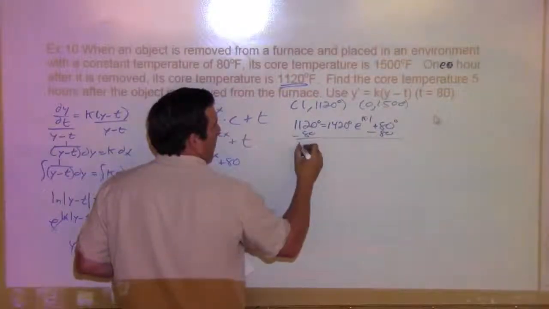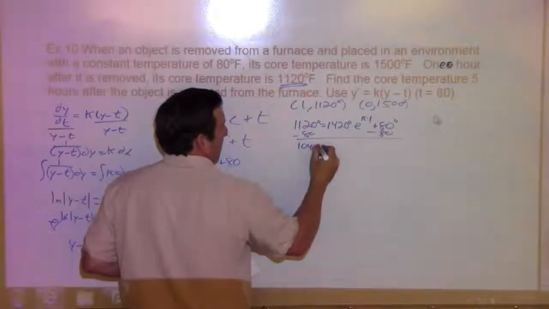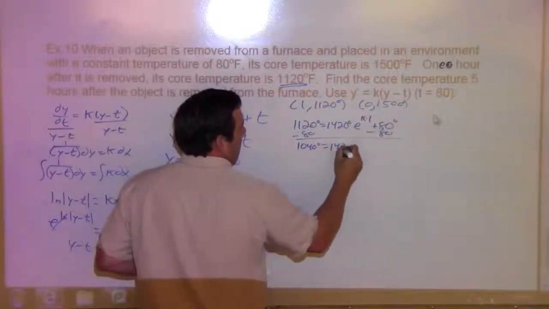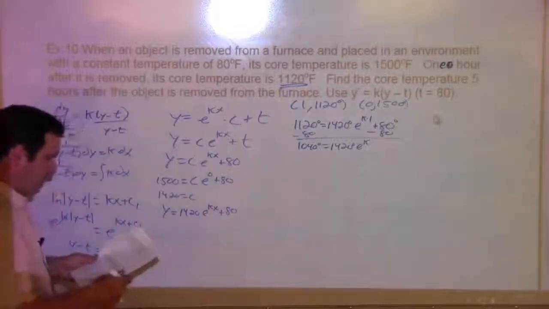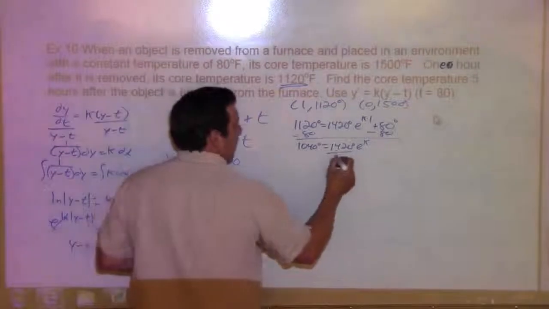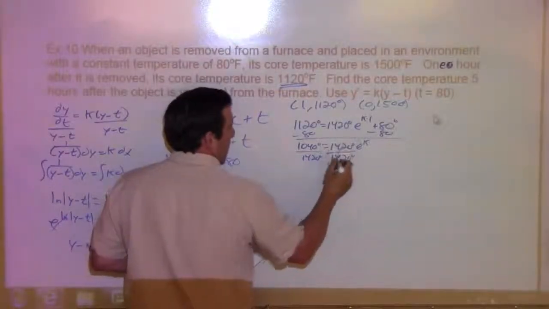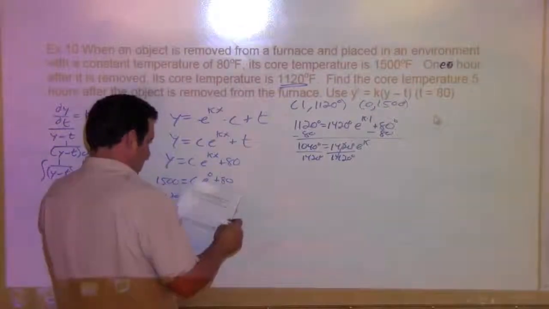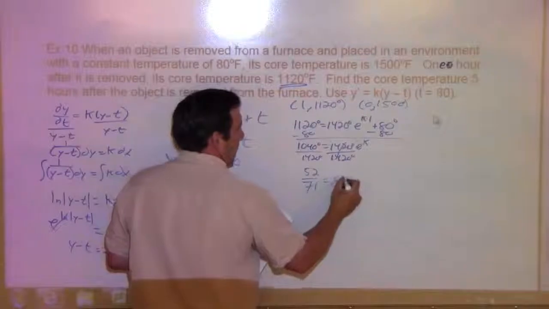That's going to be 1040 equals 1420 e to the k. Divide both sides by 1420. And that reduces to 52 over 71 equals e to the k.